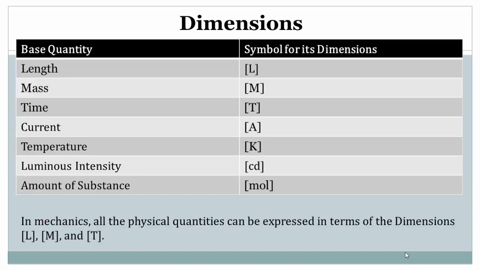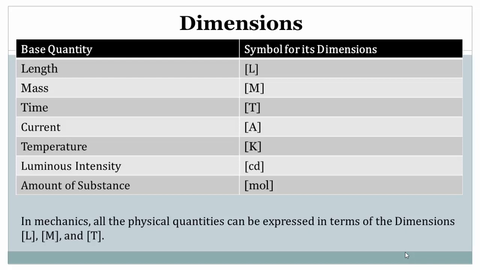Let us learn the dimensions of base quantities. The length is given as capital L, M is given for the quantity mass, the time is represented as capital T, current is represented as capital A, temperature is given as capital K, luminous intensity is given by small cd, amount of substance is given by mol in small letters.